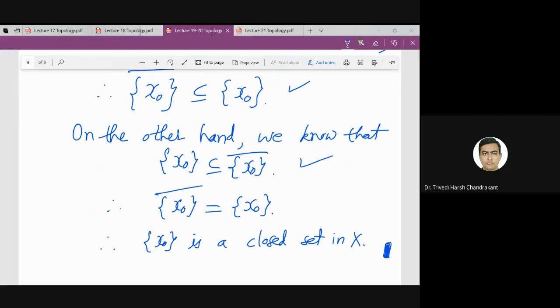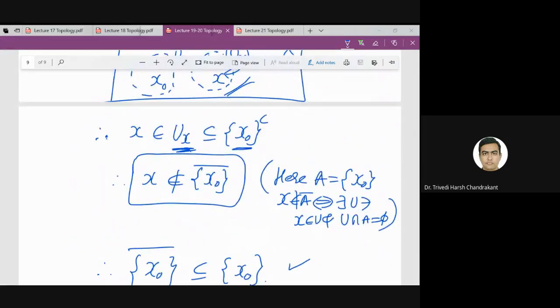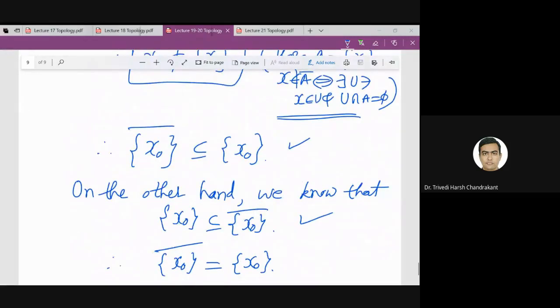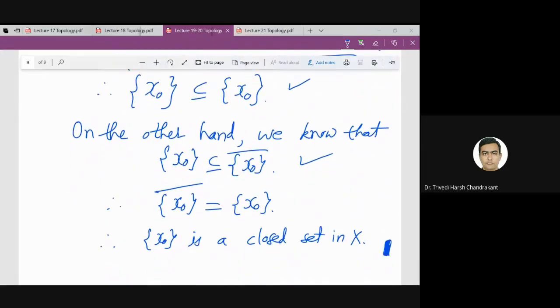So this will prove our result that if I have a Hausdorff space, I can find two neighborhoods, and using that two-neighborhood condition and using this property of the element not belonging to the closure, we get that {x naught} contains its closure and therefore the singleton {x naught} is a closed set.